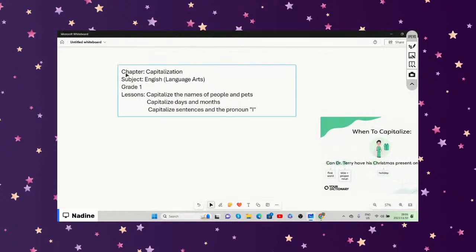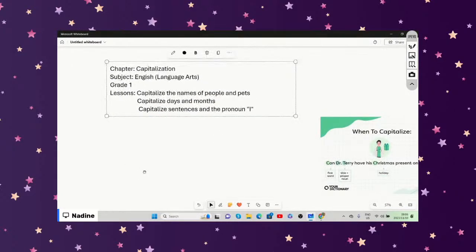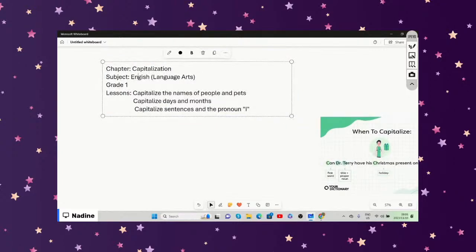For this chapter, we will be doing capitalization. The subject is English language arts, grade 1.